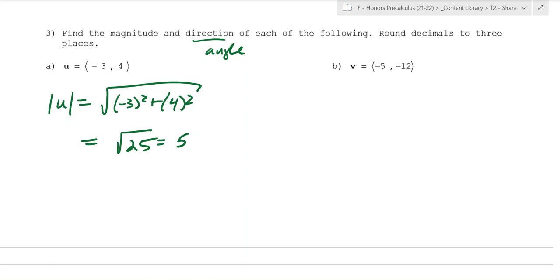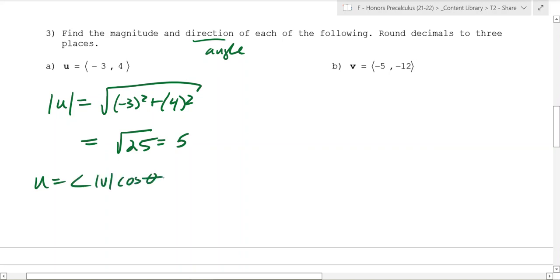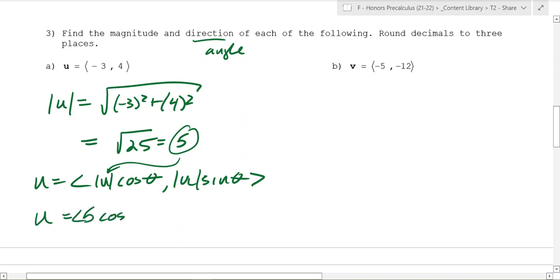So what do we know? Well, we know that the vector u, one way to write it, is the magnitude of u cosine theta, comma, the magnitude of u sine of theta. We know that the magnitude is 5, so we can plug that in right there. So u is going to be 5 cosine theta, comma, 5 sine of theta, like this.